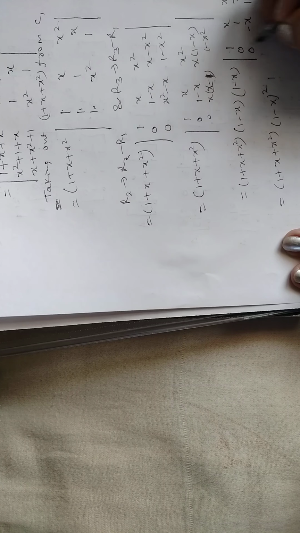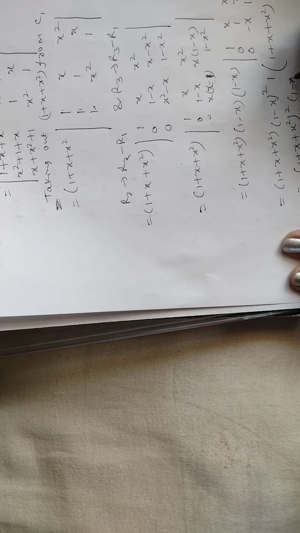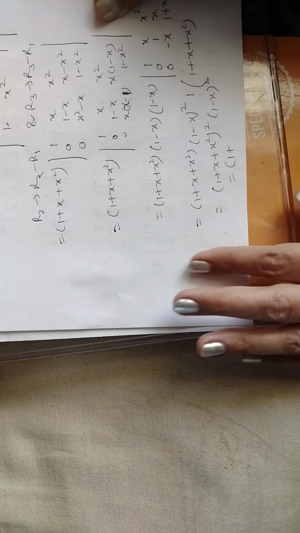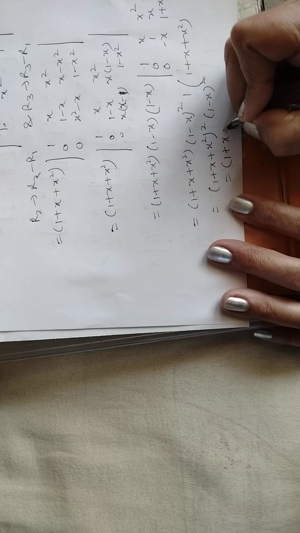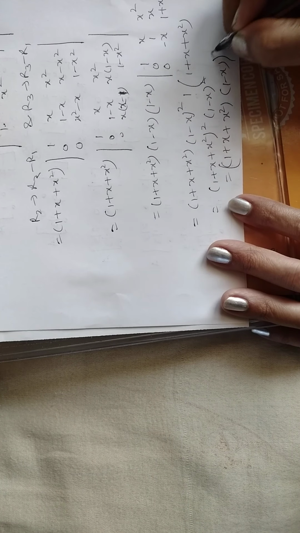And now expanding along the first column, what will you get? 1 plus x square. So 1 plus x square whole square, 1 minus x whole square. So finally you are getting 1 plus x square into 1 minus x, it's a whole square.